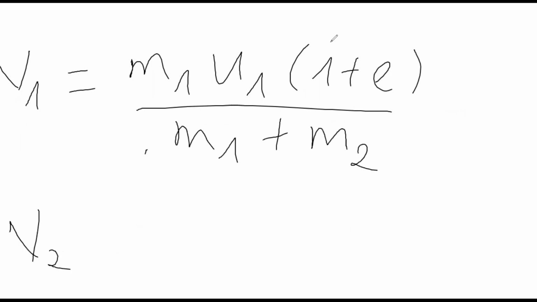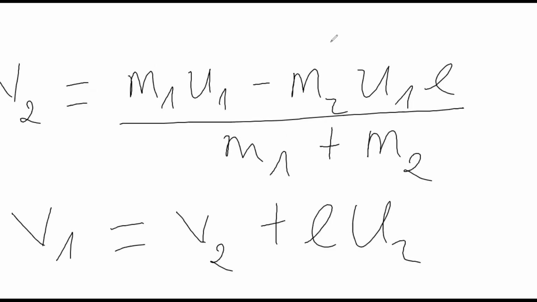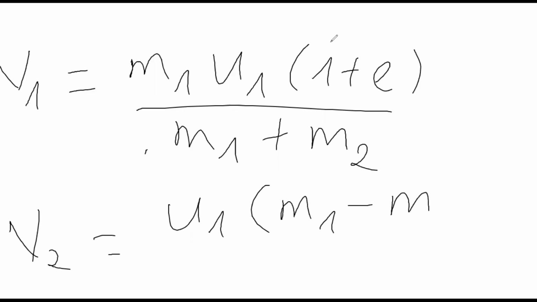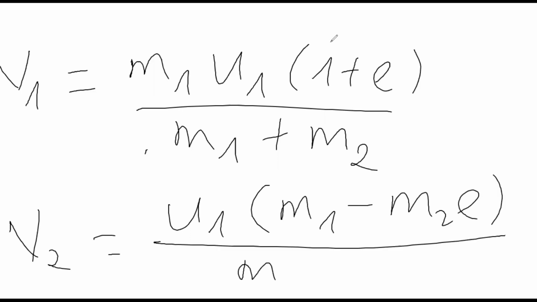And we had v2 to be u1 into m1 minus m2 e divided by m1 plus m2.